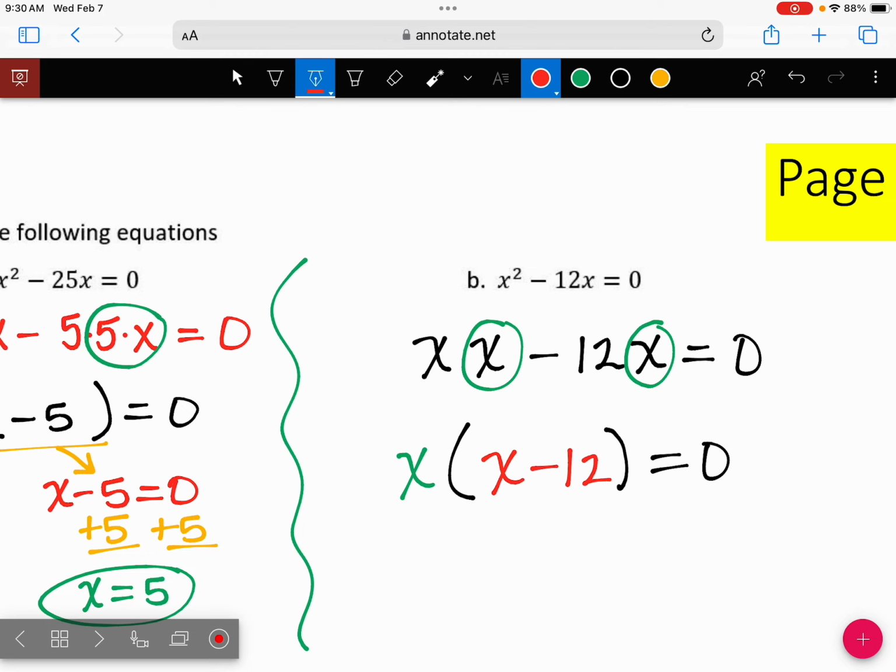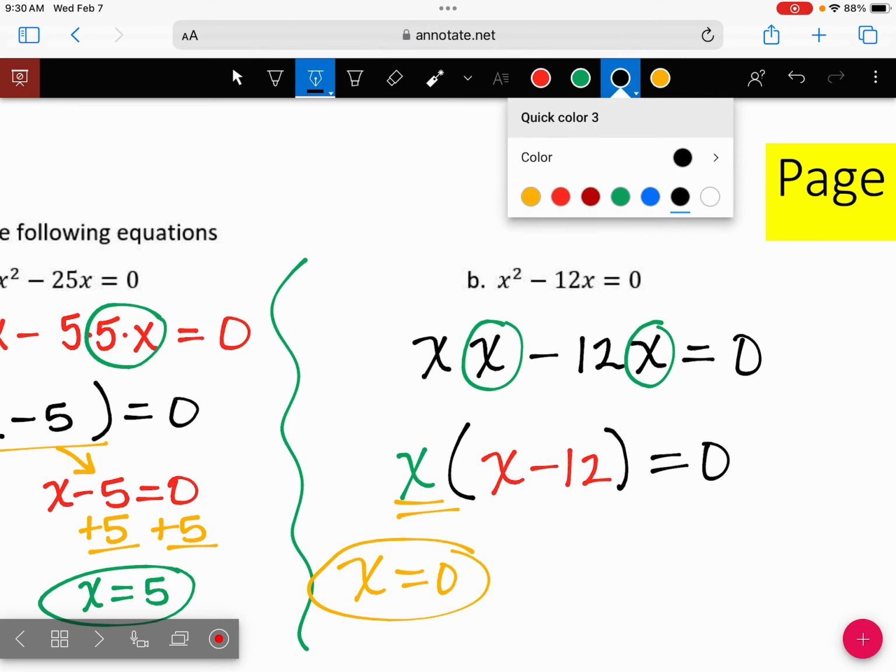Who did that part? All right, good. So you took out the x. So our first factor is just x. So x equals 0. And notice that it's already by itself. That's my answer. I don't need to do anything to solve it. X equals 0 is my first solution.